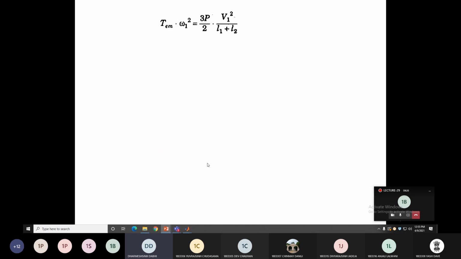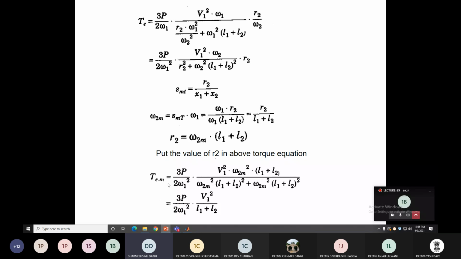So let's try to understand it by using the torque-speed characteristics. Here in this equation, maximum torque is equal to 3p divided by 2 omega 1 square times V1 square divided by L1 plus L2. So at the constant rated voltage V1 square, the number of poles is constant, V1 square is constant, and L1 plus L2, the inductance of stator and rotor, is constant.